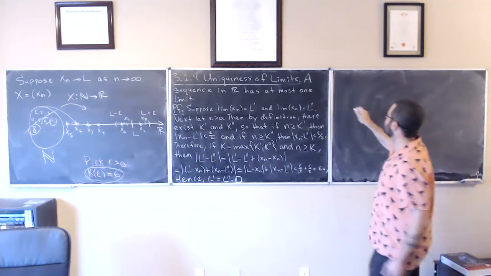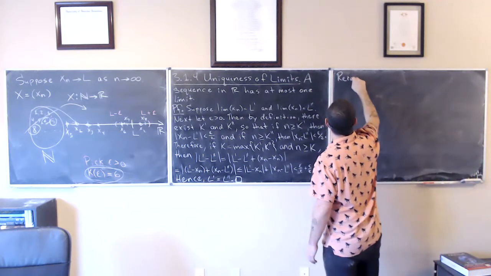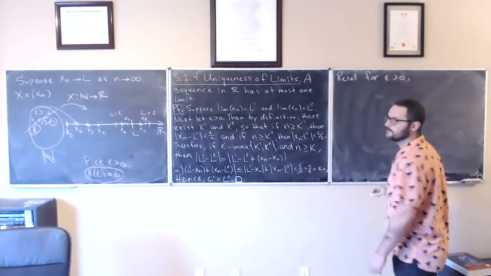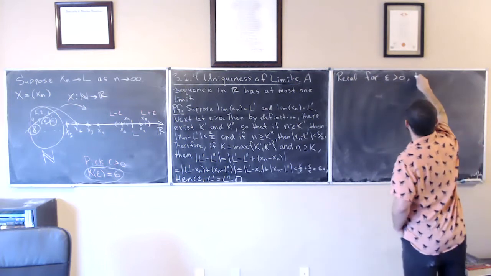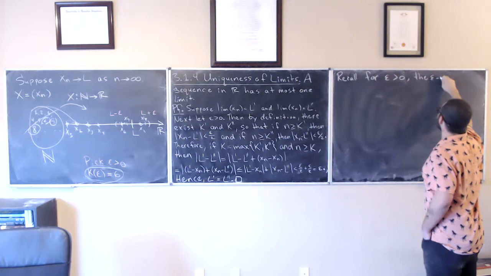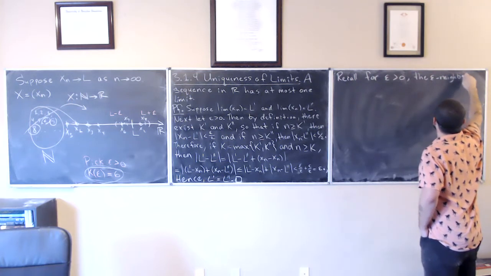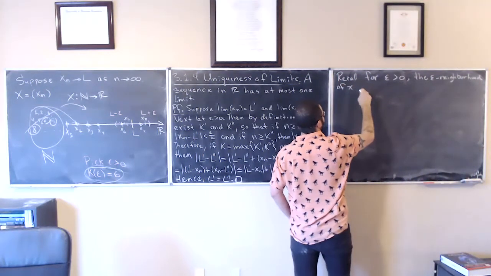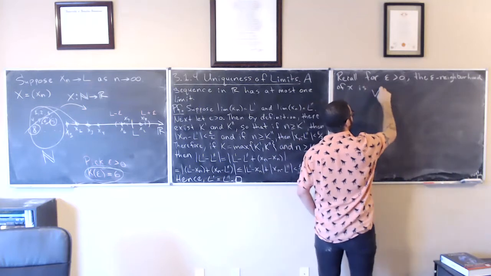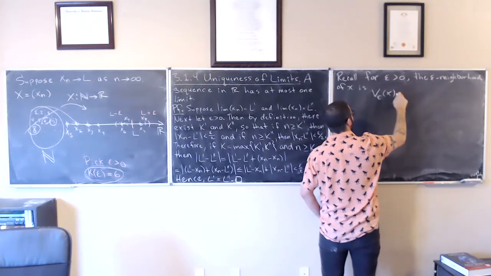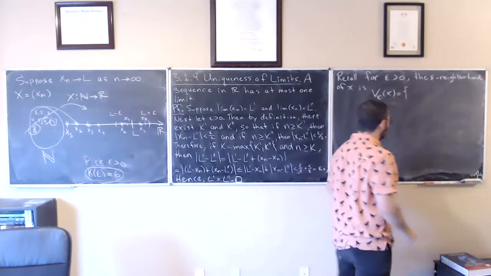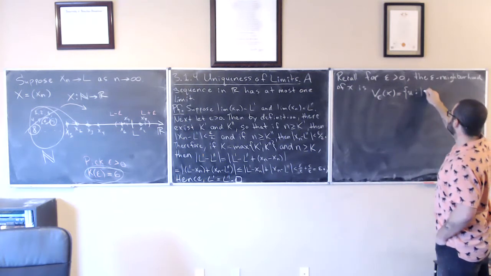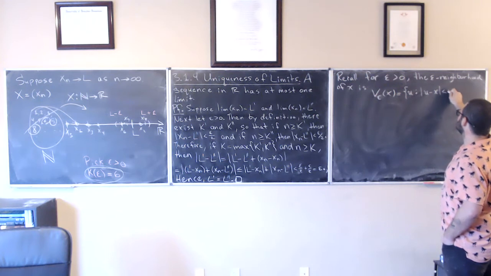Recall for epsilon greater than 0, the epsilon neighborhood of x is V epsilon of x, and this is equal to the set of all u such that the distance from u to x is less than epsilon.